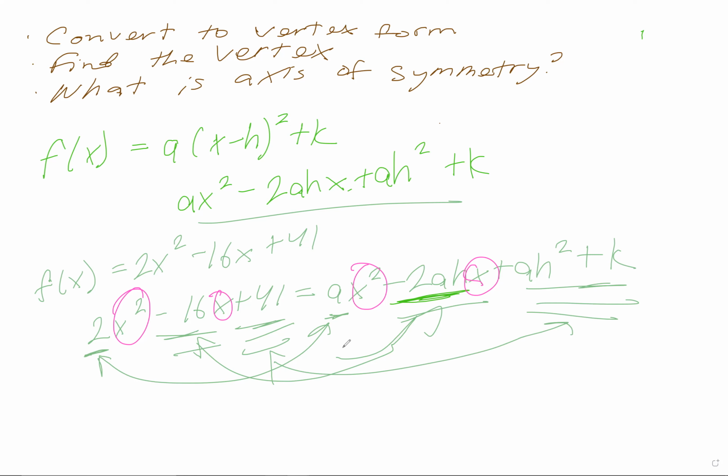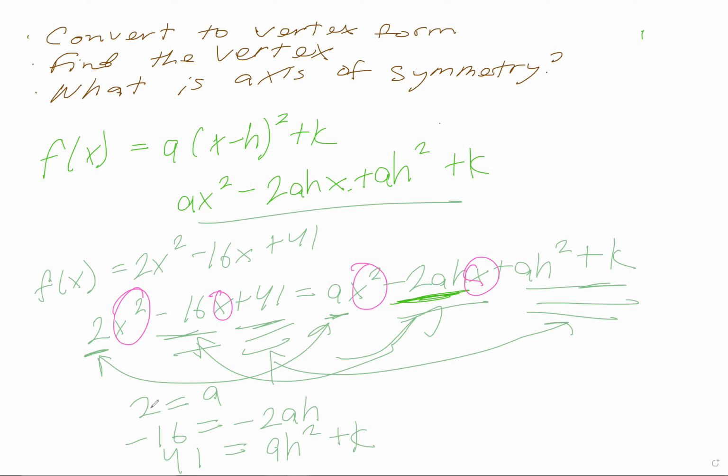Okay, so now we would do 2 is equal to a. Negative 16 is equal to negative 2ah. And 41 is equal to ah squared plus k.